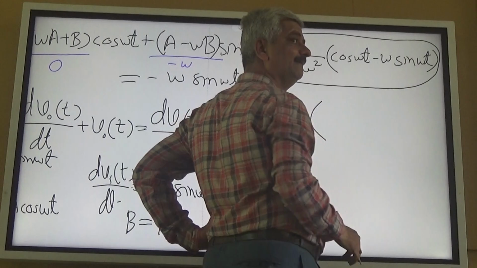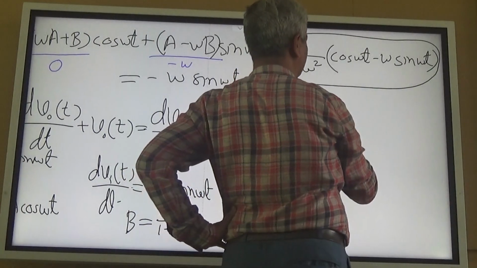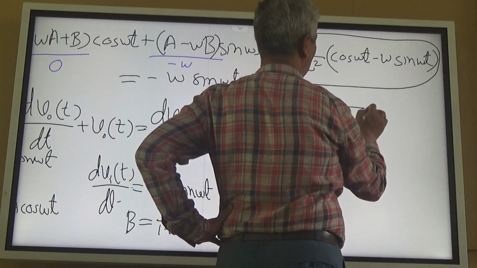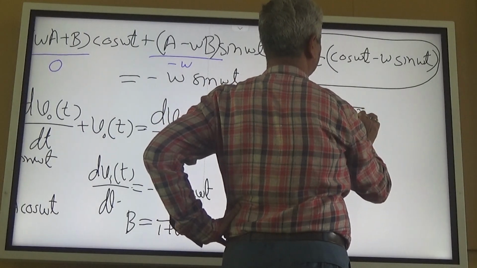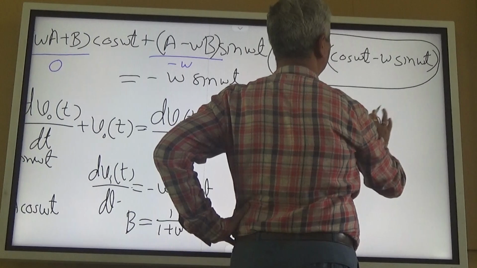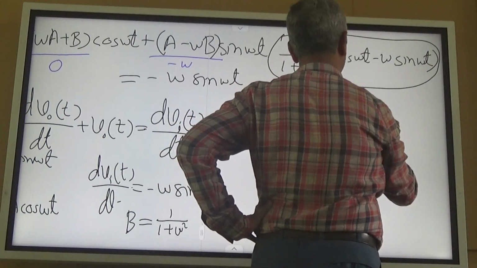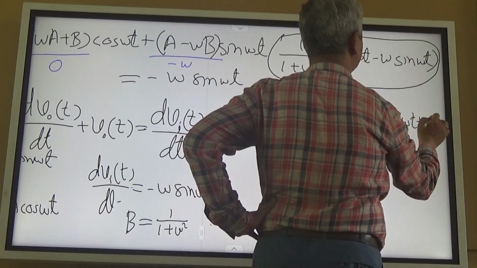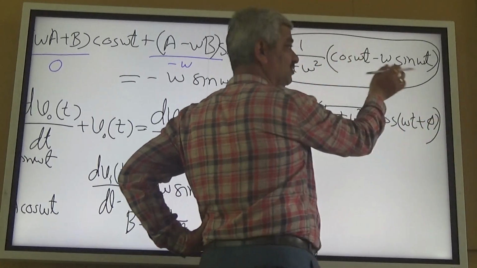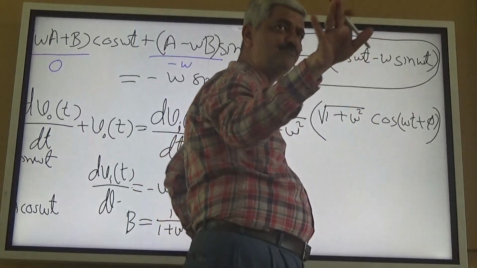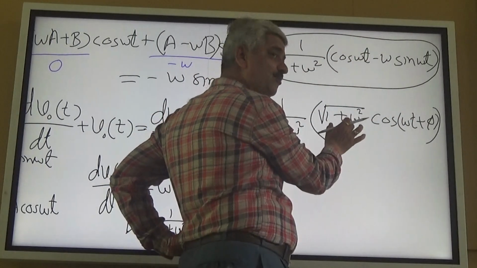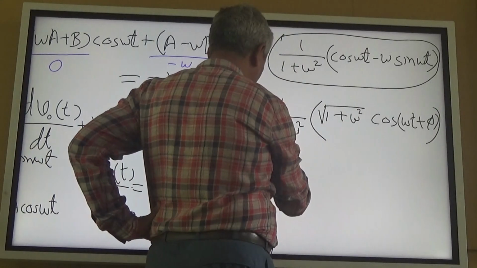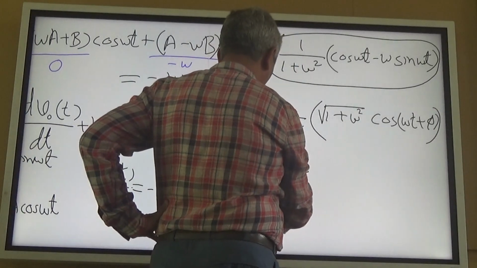It is square root of (1 plus omega square) into, you can say, either cos or sin of (omega t plus phi). That phi depends upon tan inverse of something. Right now that is not so important.